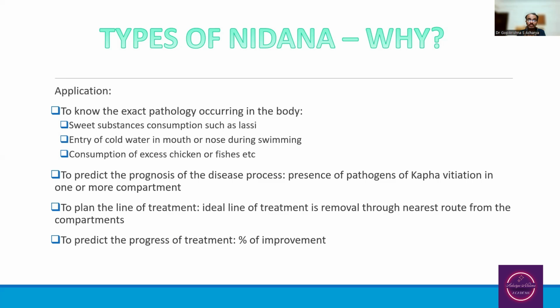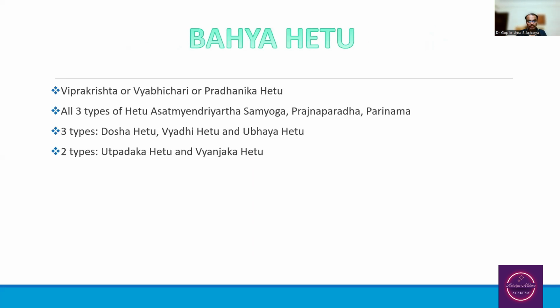In the first week or so, he may show 10 or 15% of improvement. In the second week or so, the person may show 30 to 50% of improvement. And in the third week or so, the person may show 70 to 80% of improvement. That will depend upon the number of pathogens that are getting eliminated from the body. So this will decide the progress of the treatment.